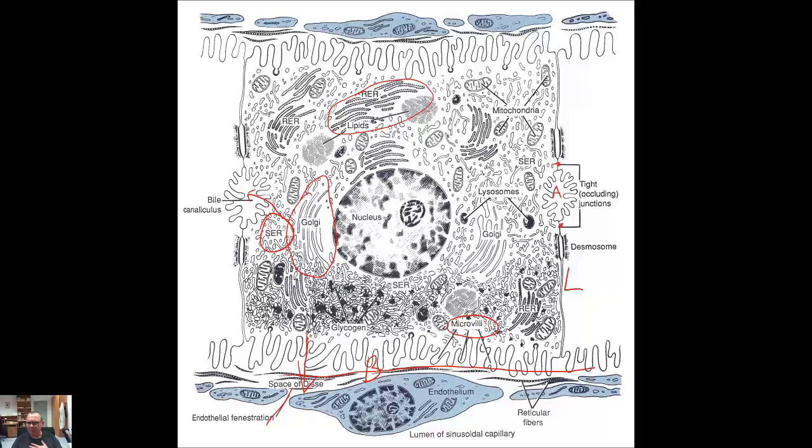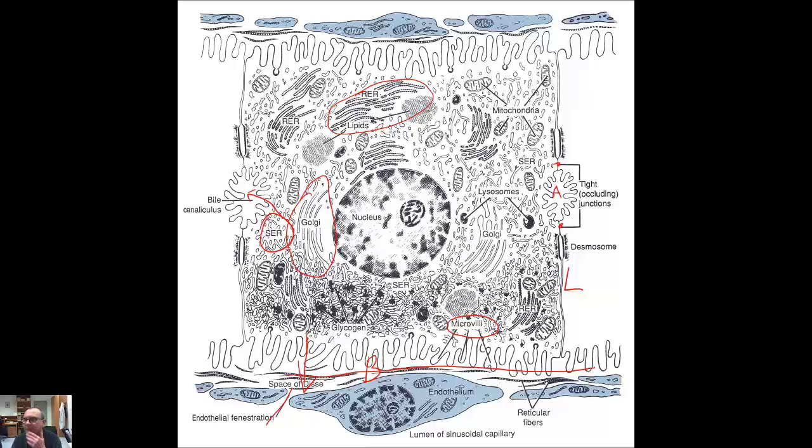Nevertheless, many textbooks, including Junqueira's textbook, use this term, so I will use it as well. But keep in mind that microvilli are normally found on the apical surface, so these here in the bile canaliculus are real microvilli, and these processes here are only microvillus-like but not real microvilli.